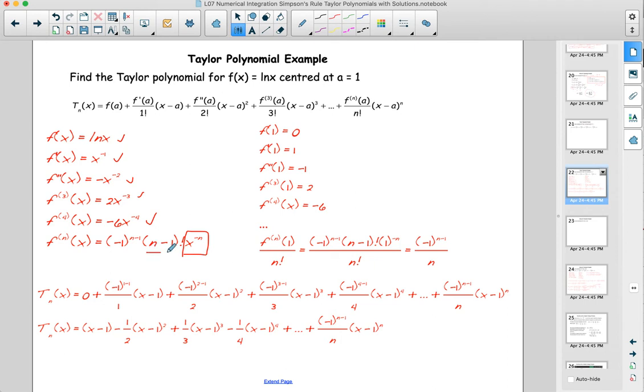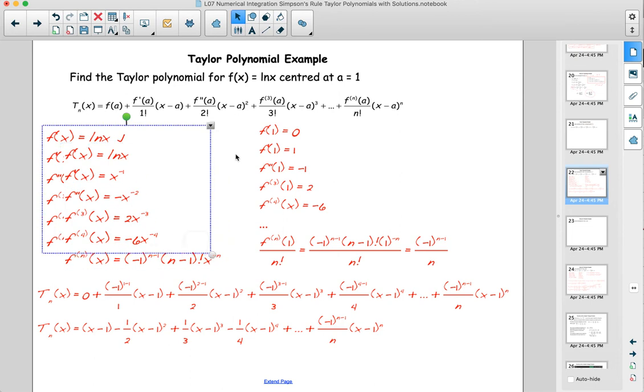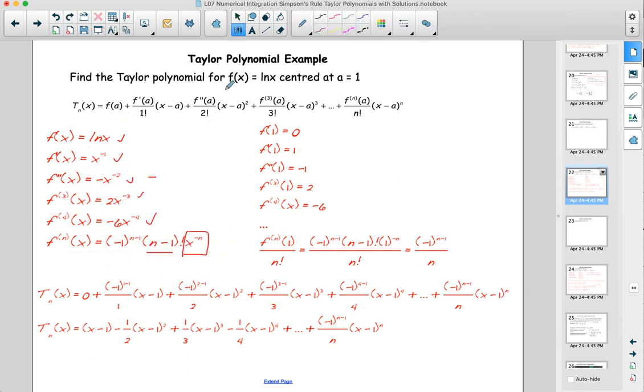Now, n minus 1 factorial, where is that coming from? So let's see, how did we get this piece here? This was negative 1. This was negative 1 times negative 2. This was negative 1 times negative 2 times negative 3. So I'm going to propose, let's ignore the negatives.